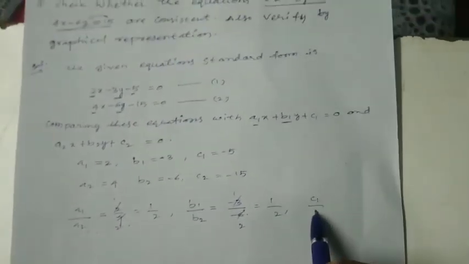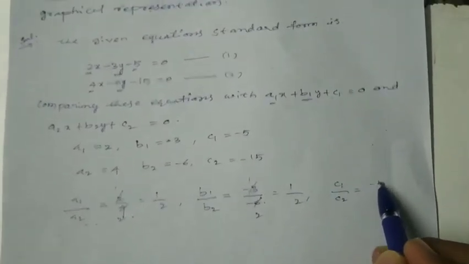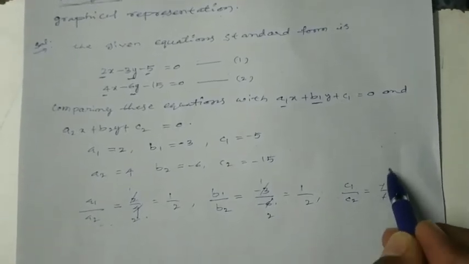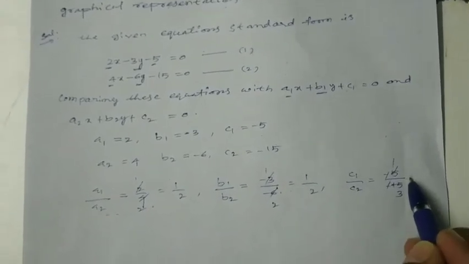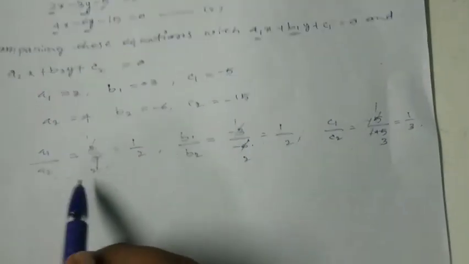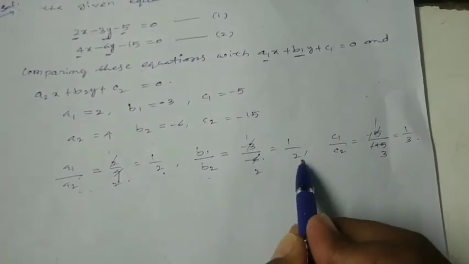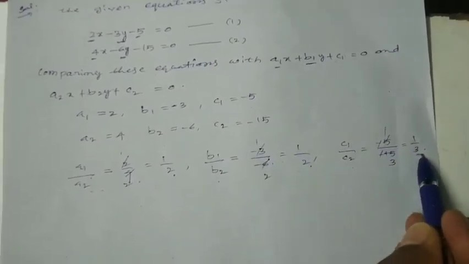Next, c1 by c2 equals minus 5 by minus 15, minus cancels, 5 ones are 5, 5 threes are 15. So 1 by 3. See here, a1 by a2 equals 1 by 2, b1 by b2 equals 1 by 2, c1 by c2 equals 1 by 3.